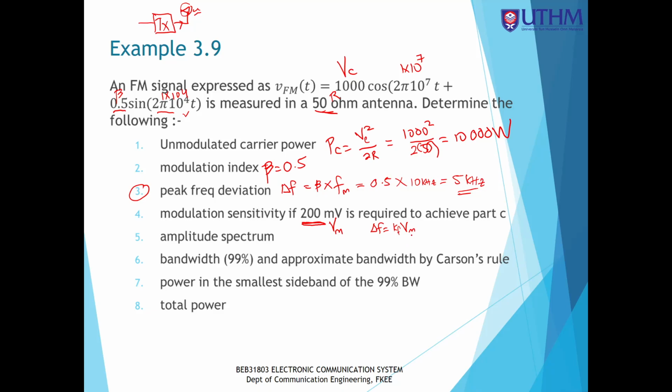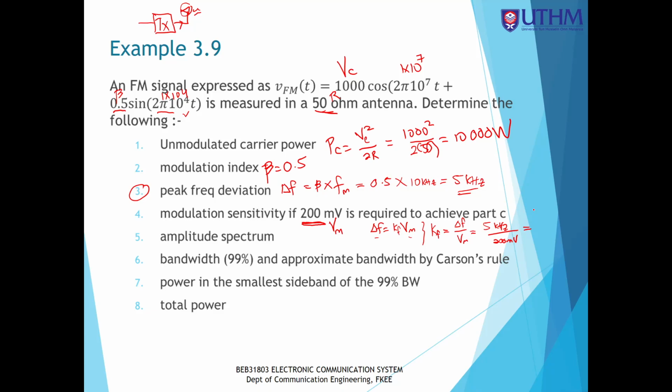Now you are given Vm in order to achieve delta F, so that means we want to find Kf. So Kf is equal to delta F divided by Vm. This is 5 kilohertz divided by Vm, which is 200 millivolt.